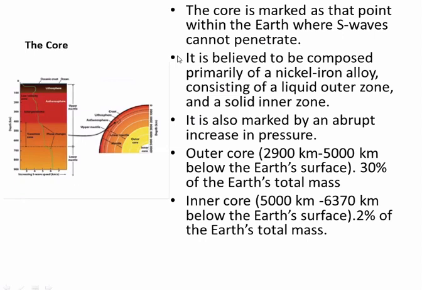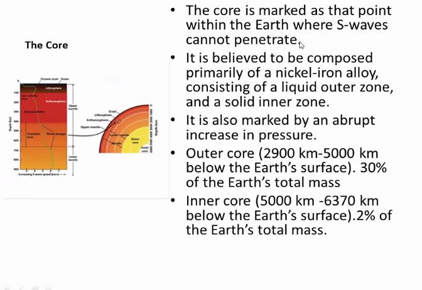The third layer of the Earth is the core. When we talk about the core, we are talking about the outer core and the inner core. The core is marked as the point within the Earth where Earth's waves cannot penetrate.